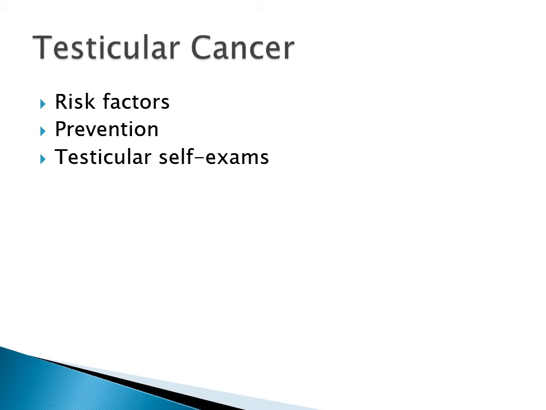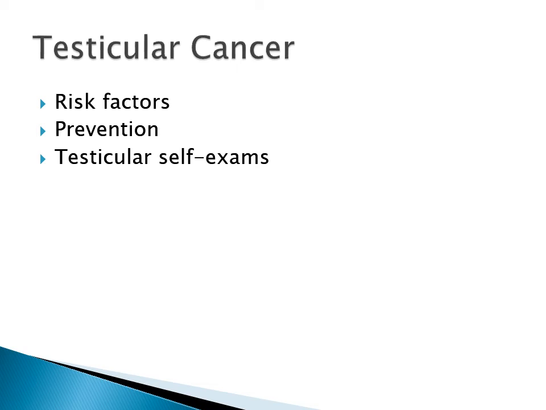We're going to take a look at testicular cancer, the risk factors, prevention, and then the testicular self-exams. As far as risk factors, an undescended testicle places one at higher risk. In fetal development, the testicles will actually descend into the scrotum before birth. If this does not occur, it actually increases the risk of testicular cancer.